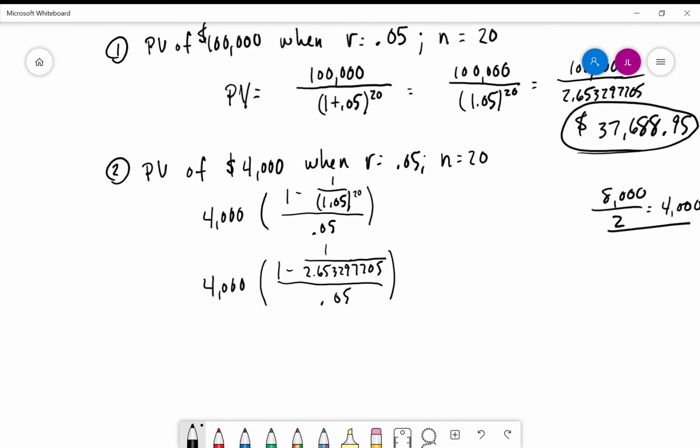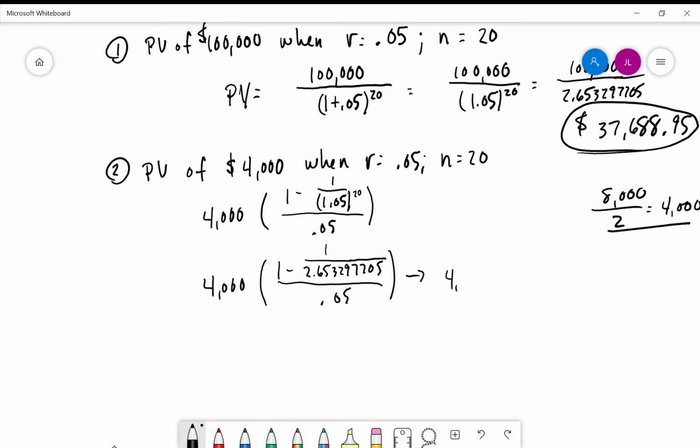Okay. Now if we go ahead and divide our 1 by our 2.653 number, we will get 0.37688, and so on.